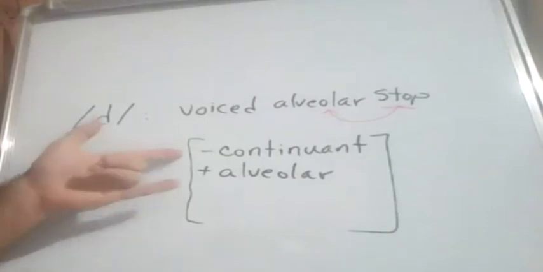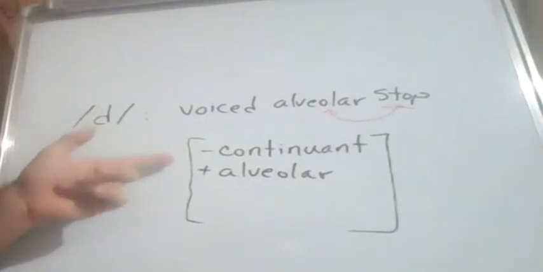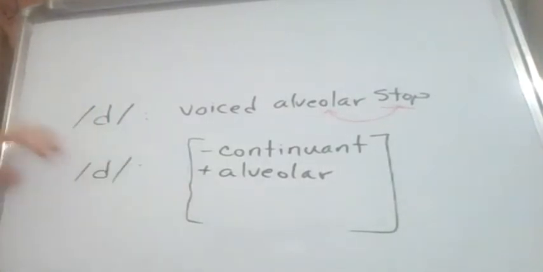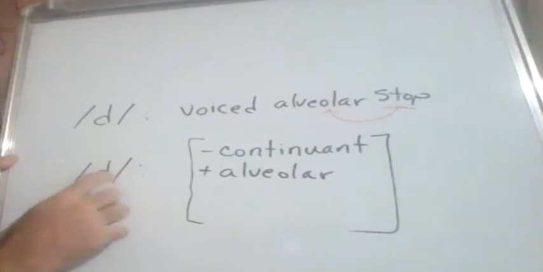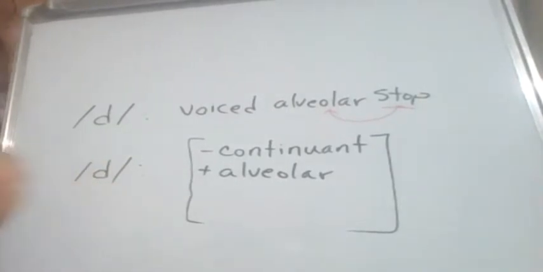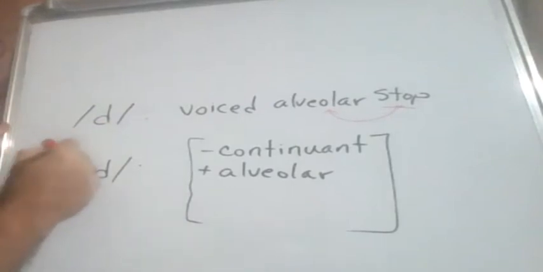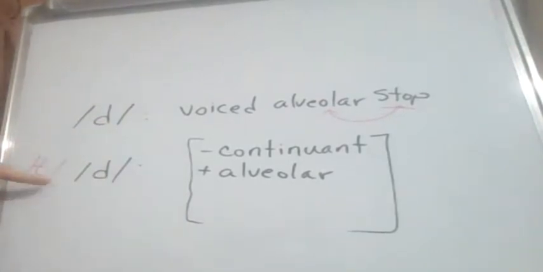And then here we have already the specification or the description for t and d. So we need to make a distinction between t and d, right? The only difference between t and d, okay, is voicing. So if I don't specify the voicing here, then I'm specifying these two sounds.